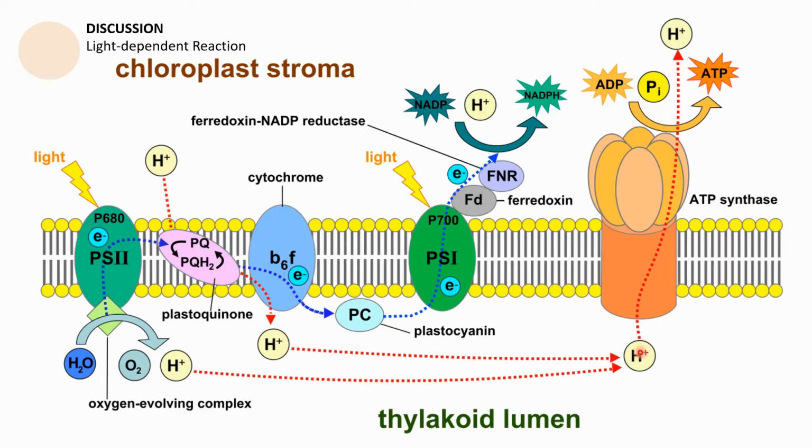Pupunta siya malapit sa ATP synthase. And this hydrogen will be exiting, which allows the phosphorylation of ADP, of adenosine diphosphate, so that it will be turned to adenosine triphosphate. Thus, the name ATP synthase, kasi dito nasysynthesize yung adenosine triphosphate.